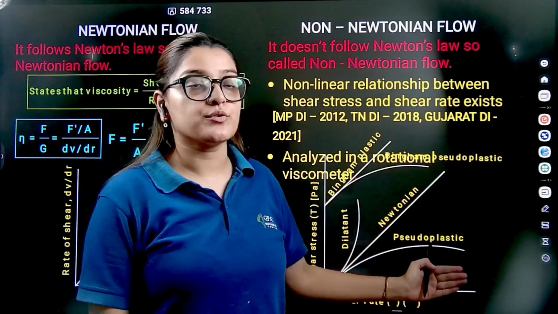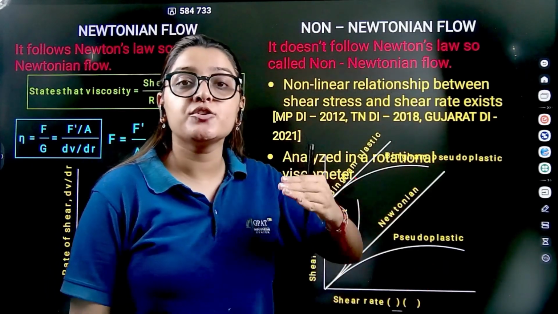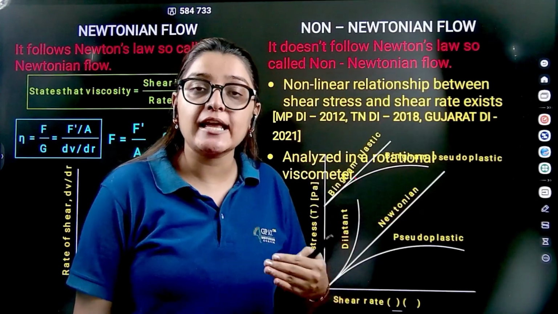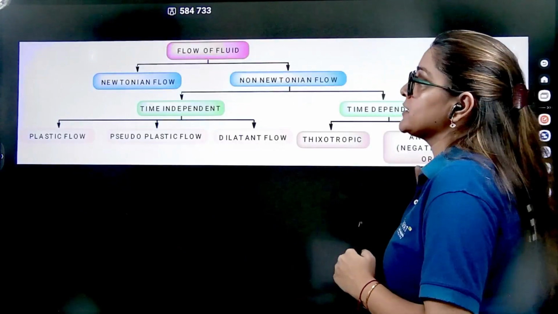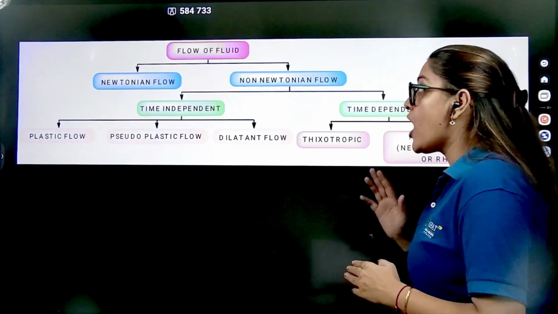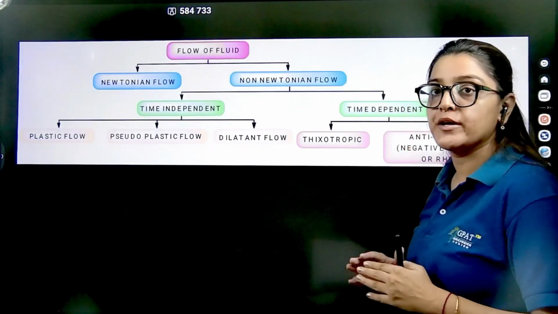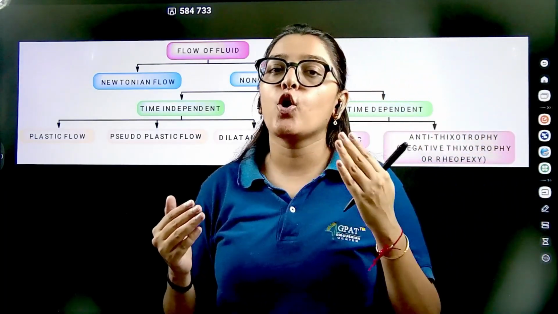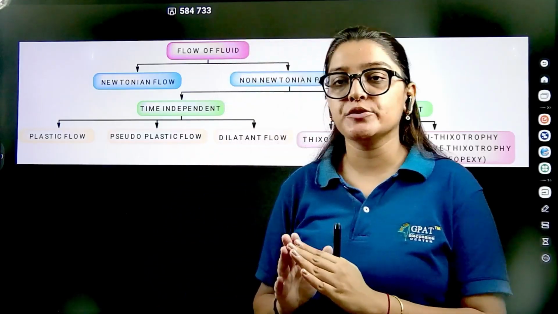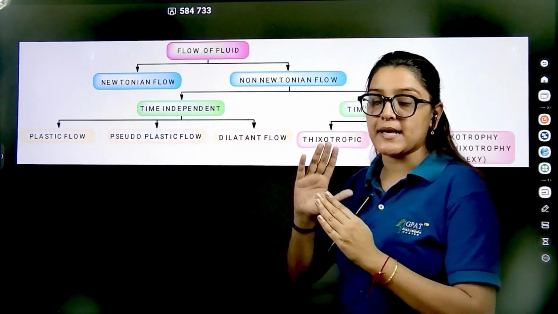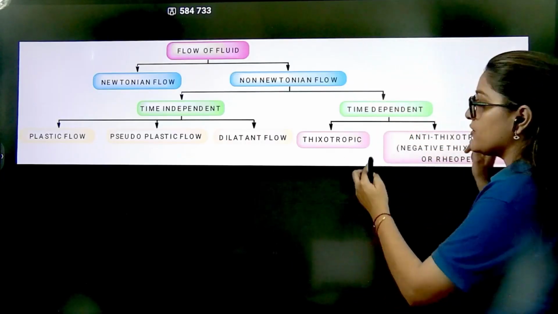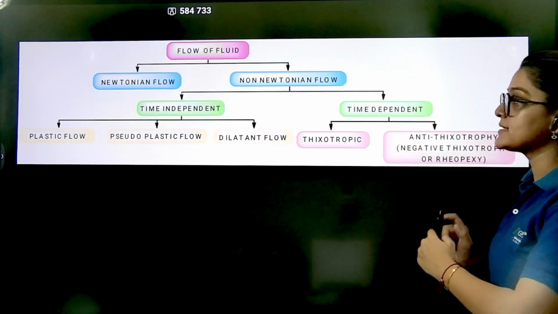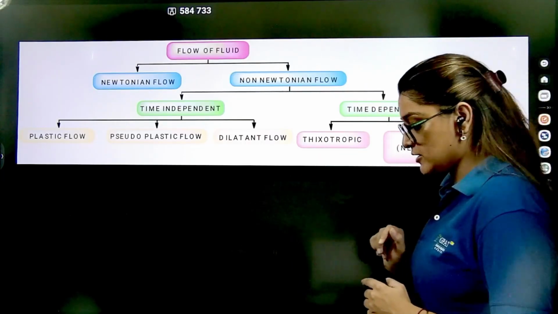In the non-Newtonian systems, the particle behavior usually changes with the change in the rate of shear. Next, how we categorize this flow of fluid into Newtonian and non-Newtonian. In the non-Newtonian, we have seen time independent plastic system, pseudoplastic and dilatant system, and today we will focus on the time dependent system, thixotropy and anti-thixotropy.